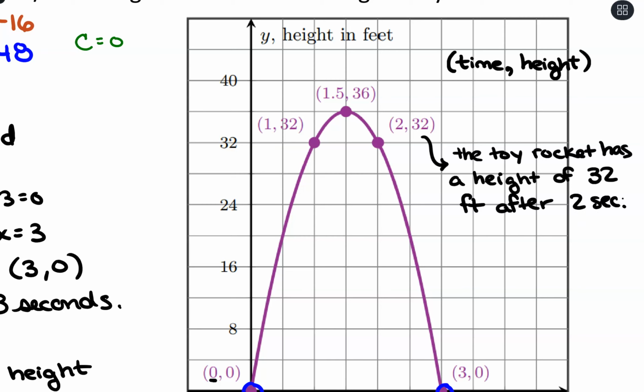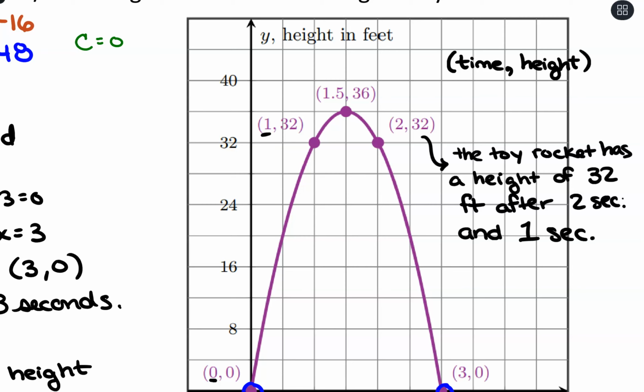But then that actually happens in another spot too. It has a height of 32 feet after 1 second. So after 2 seconds and 1 second, it's going to reach that height in 2 spots.